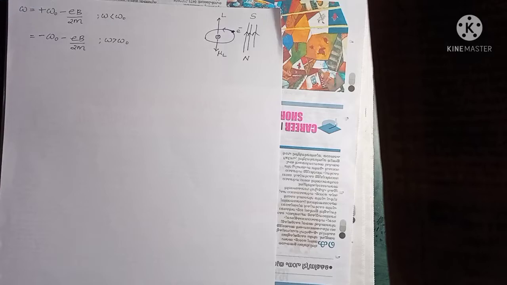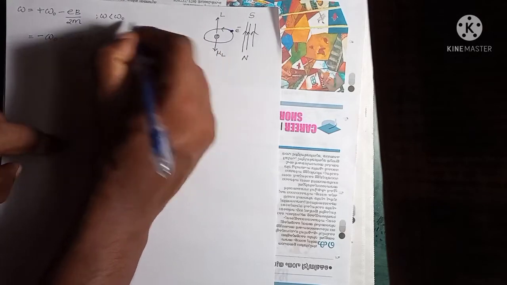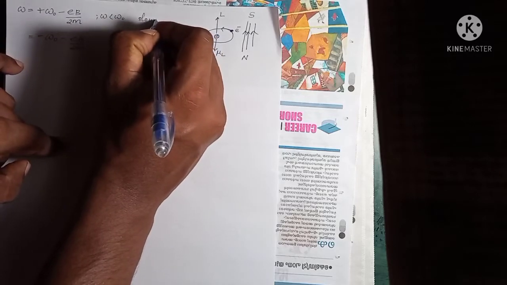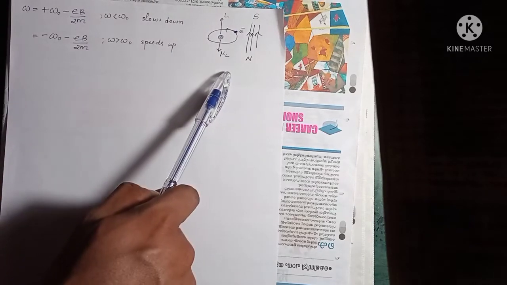So coming back to the case of our electron revolving around the nucleus, and when we apply an external magnetic field, we have seen that after the application of magnetic field, its angular frequency either increases or decreases. That is, it either speeds up or slows down. In this case, with the two negative signs, it speeds up. And in this case, it slows down. Its angular frequency decreases.